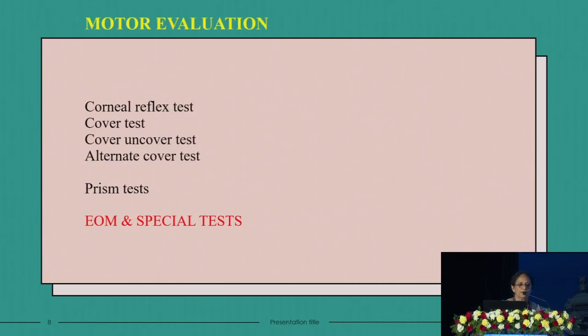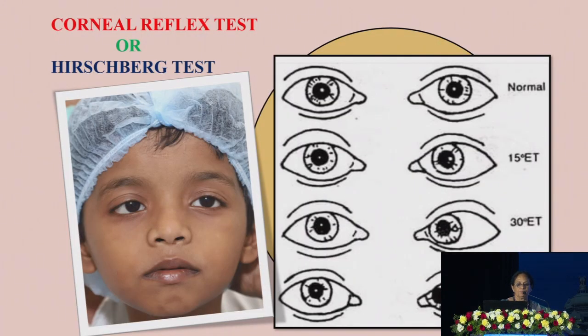Coming to the motor evaluation, before doing it, you can have a rough judgment about the angle of the deviation by looking at the corneal reflex. That is otherwise known as the Hirschberg test. You shine a torchlight in front of the patient's eye and look at the Purkinje images in relation to the pupil. If it is in the center of the pupil, there is no deviation.